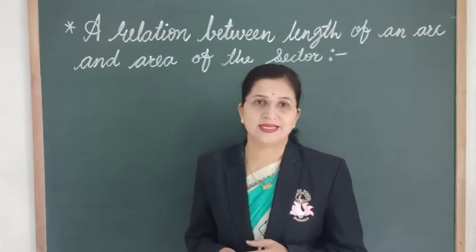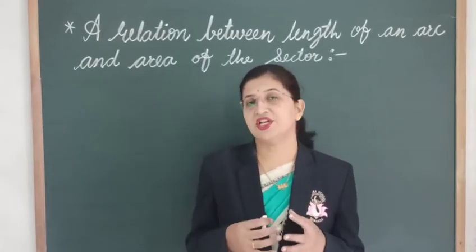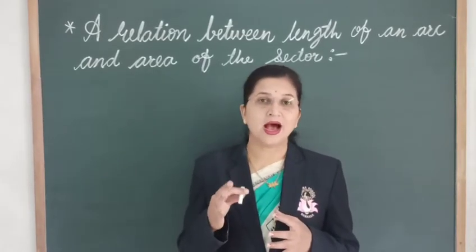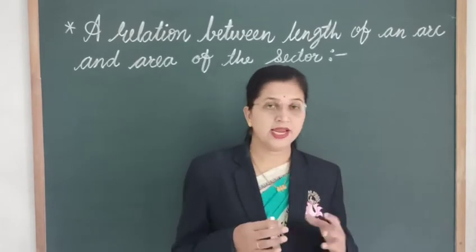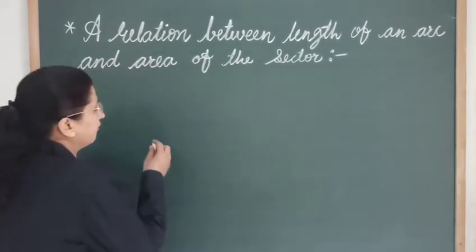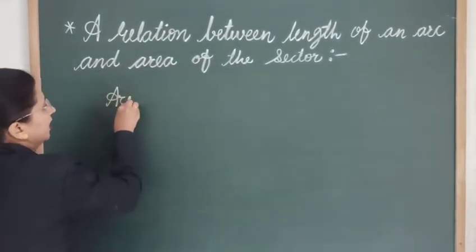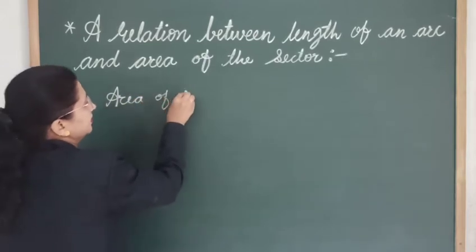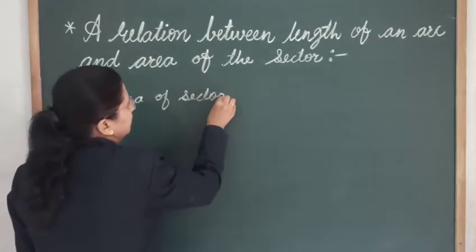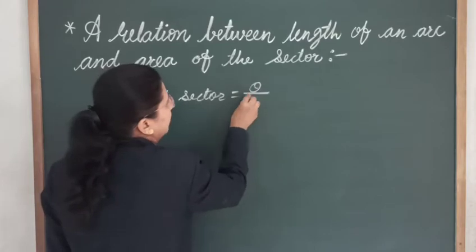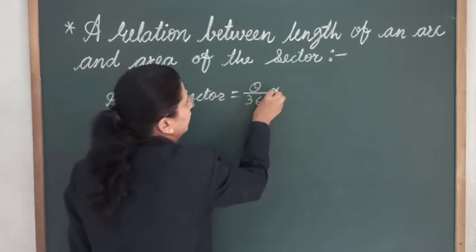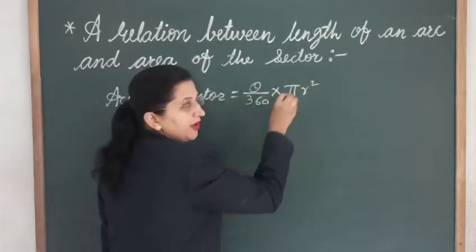Before going to solve the examples, let's see the relation between the length of an arc and area of sector. Okay, so dear students, we have studied the formula for area of sector. Area of sector formula is theta upon 360 into pi r square.